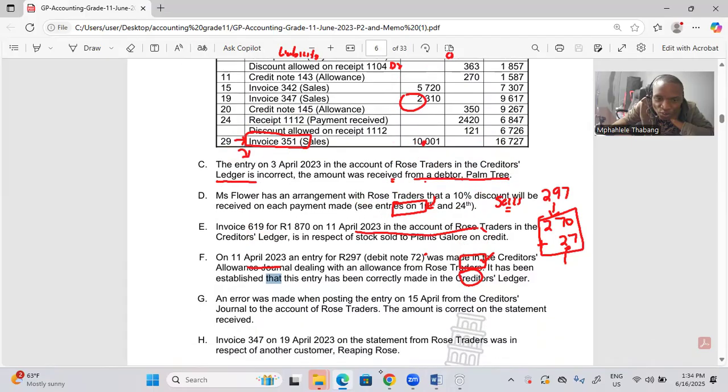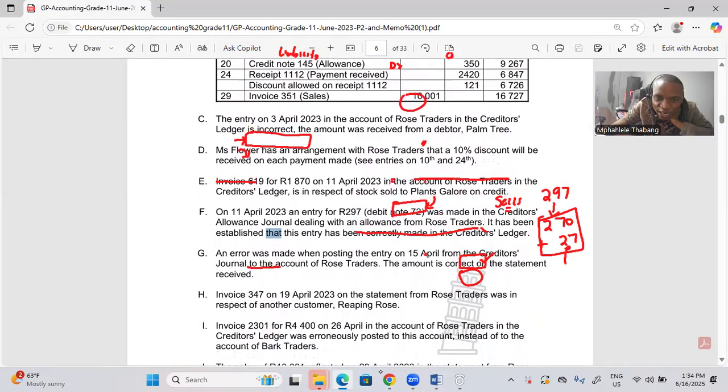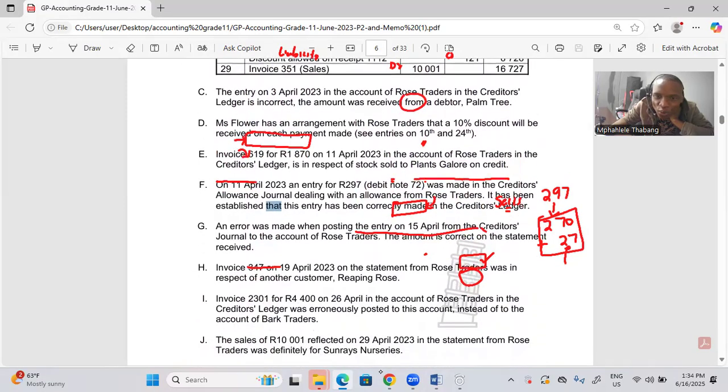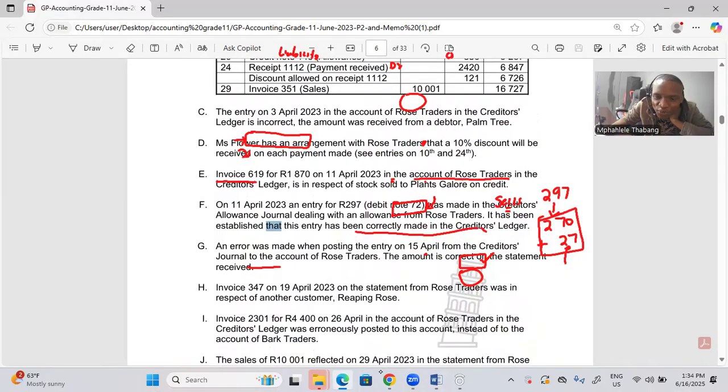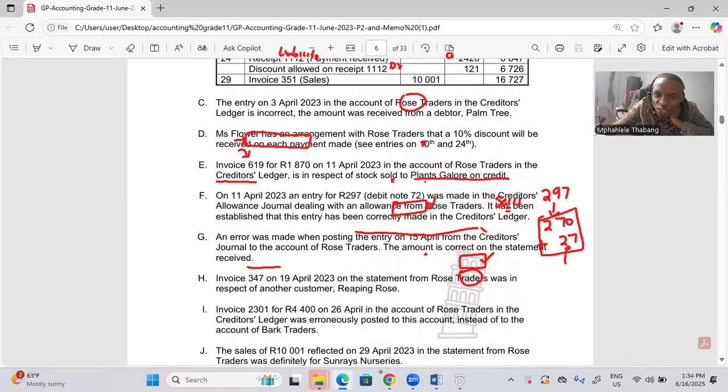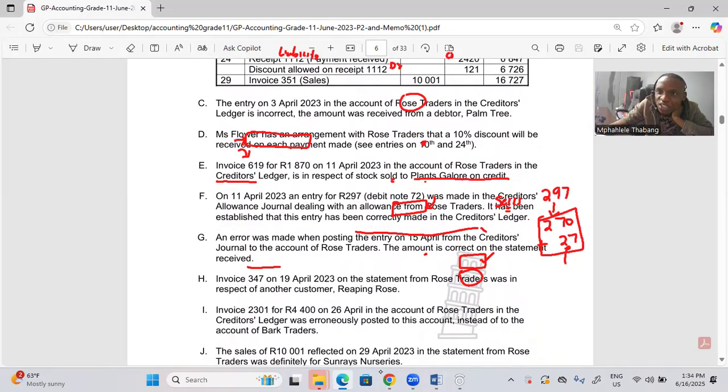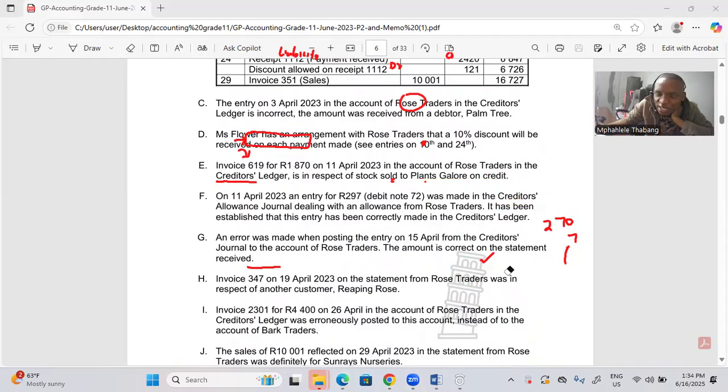Okay, now let's go to adjustment G. An error was made when posting the entry on the 15th April from the creditor's journal to the account of Rose Trader. The amount is correct on the statement received. So remember, guys, we compare the statement with the creditor's ledger and we try to understand who made the mistake.